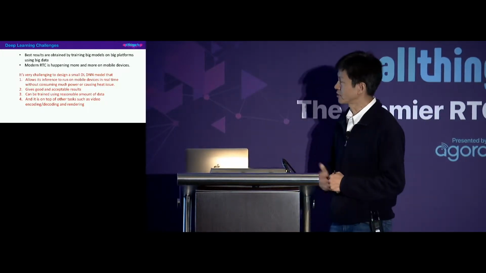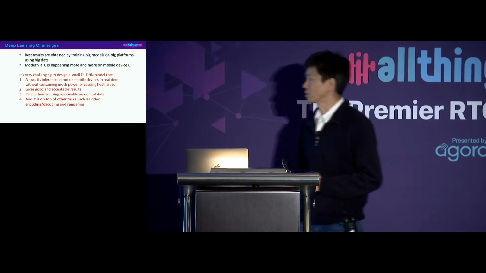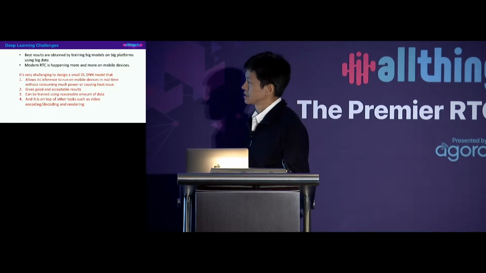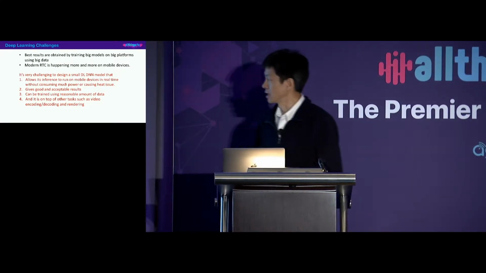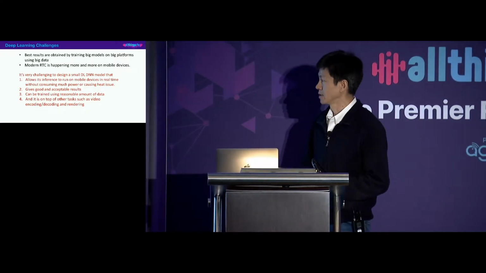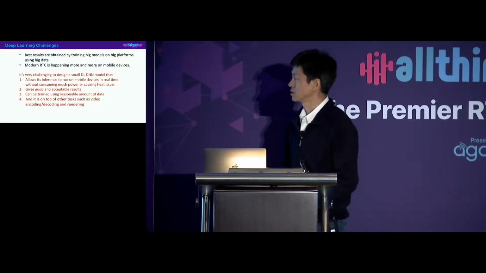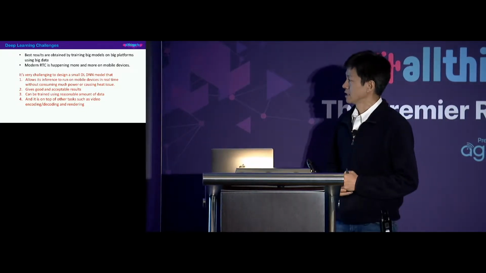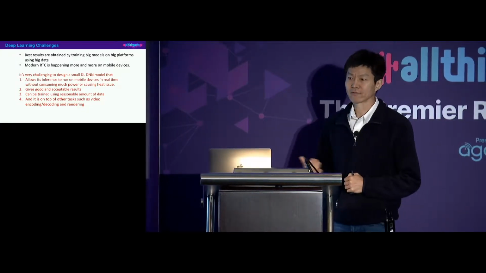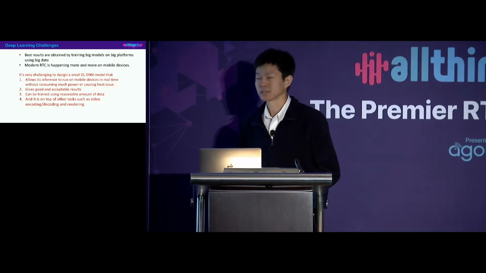It's actually very difficult to design a small enough deep learning neural network model such that its inference can run on mobile devices in real time without causing a lot of power consumption or any heat issue. Secondly, the small enough model still has to give good and acceptable results.